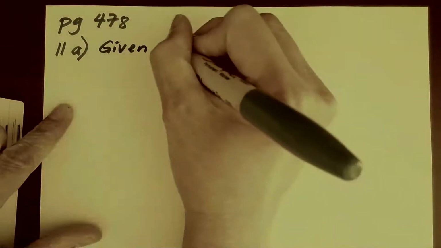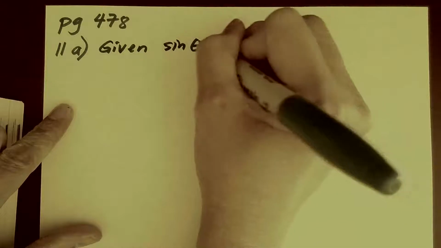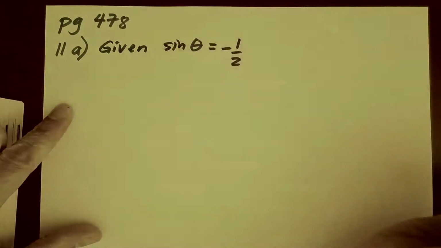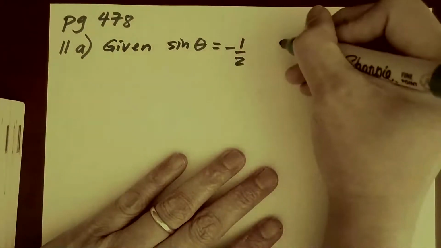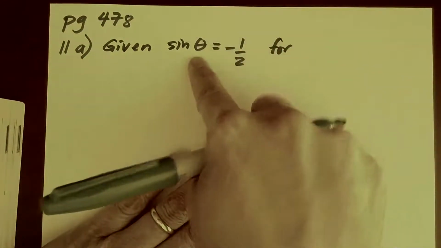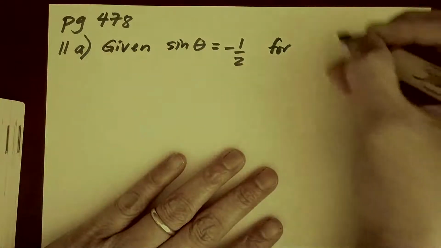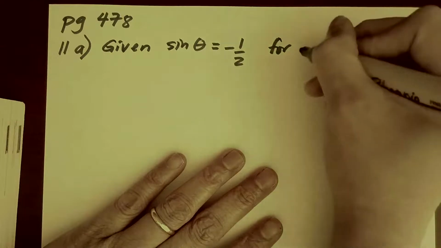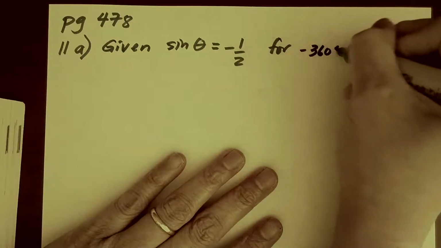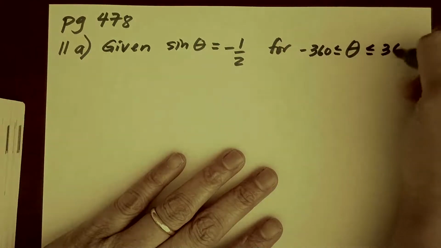So much stuff that they're doing here. It says for each of the values of the trig ratio, so this is what we're given: the sine of theta is equal to -1/2. And they're telling us that this theta is within -360 degrees to +360 degrees.